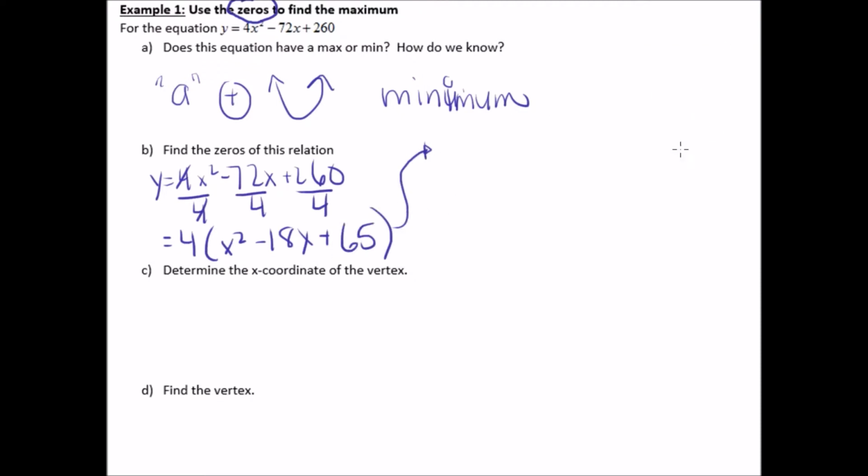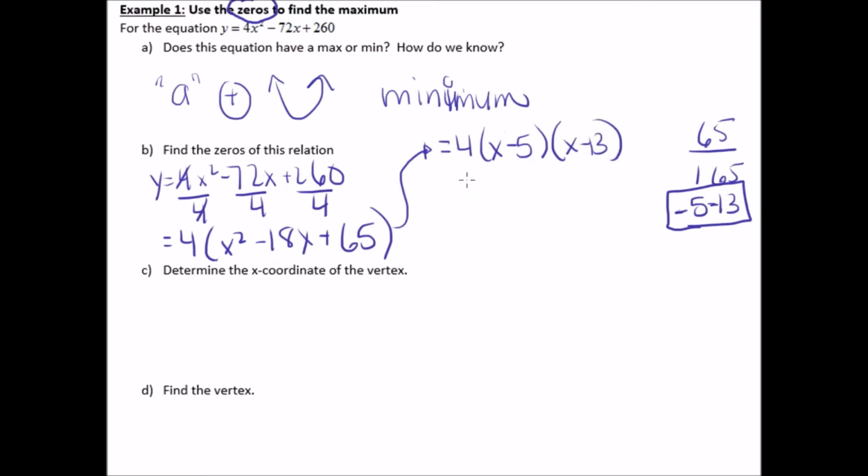Now on the side of my paper, what two numbers multiply to 65? 1 and 65. We have 5 and 13. That works already. So -5 and -13 will add to -18. So our equation is 4 times (x minus 5)(x minus 13).